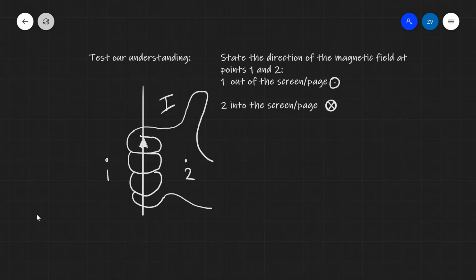So this means that around this wire there's going to be some concentric circles which are going to be pointing in the same direction in which the fingers curl. Now we have to imagine this circle is in 3D, so at point 1 the magnetic field will actually be pointing out of the screen, and at point 2 the magnetic field will be pointing into the screen.